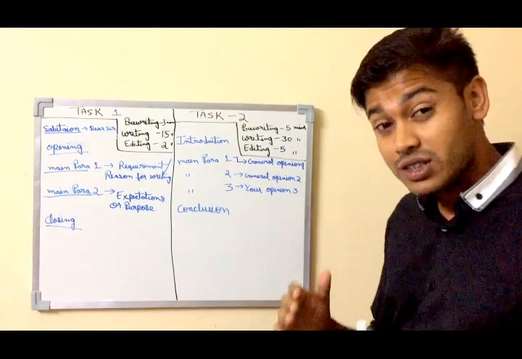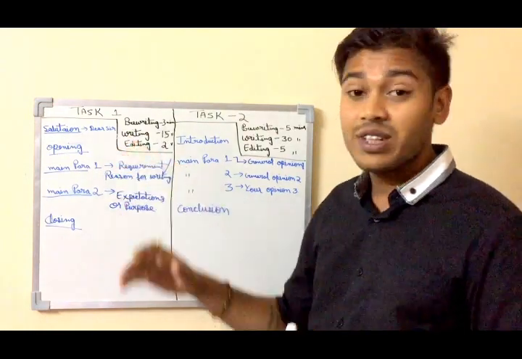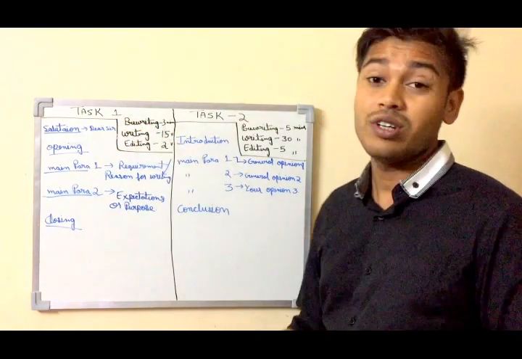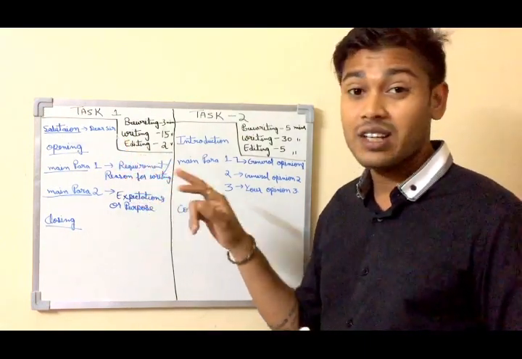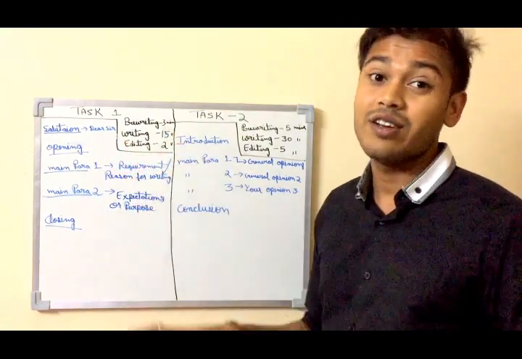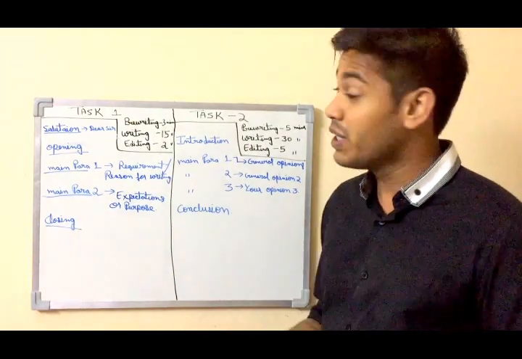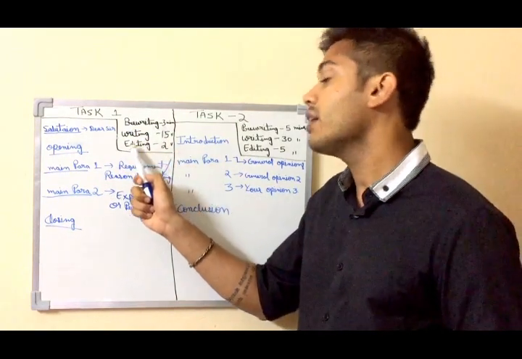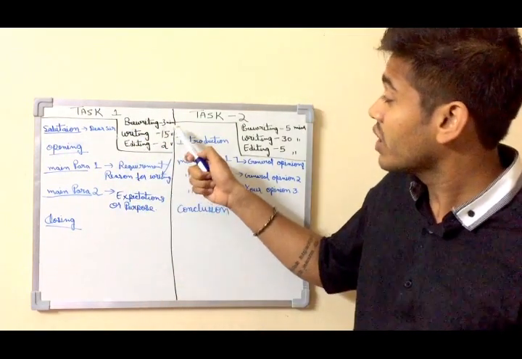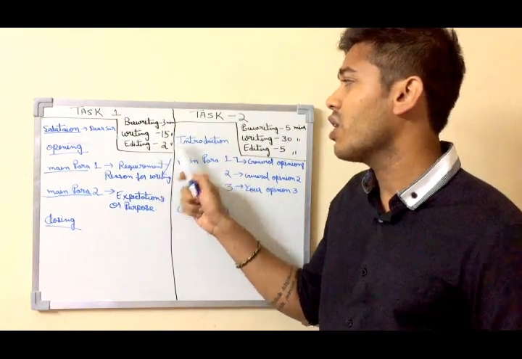So before starting the actual writing, we need to understand that in this case we again need to divide our time. So we had 20 minutes for writing task 1, but in this case again our 20 minutes needs to be divided. So where would it be divided? It would be divided in pre-writing, writing and editing. So you can give 3 minutes for pre-writing, 15 minutes for writing and 2 minutes for editing.